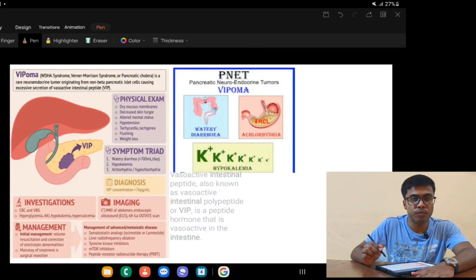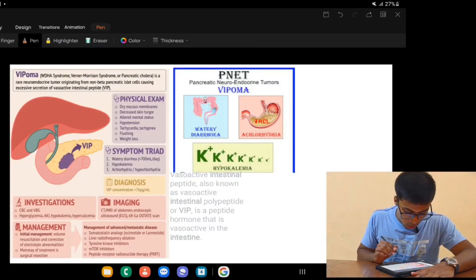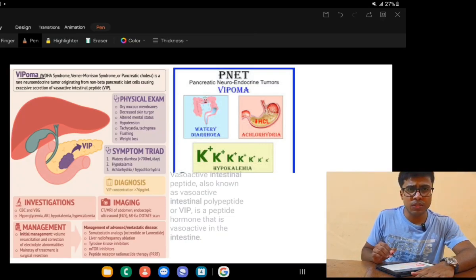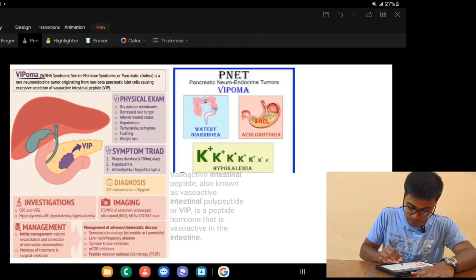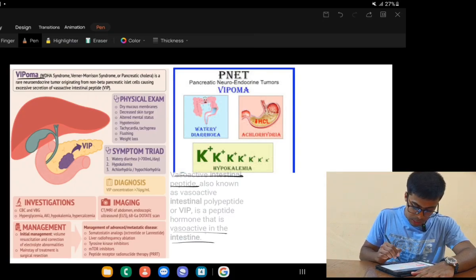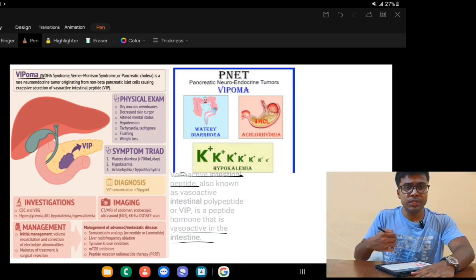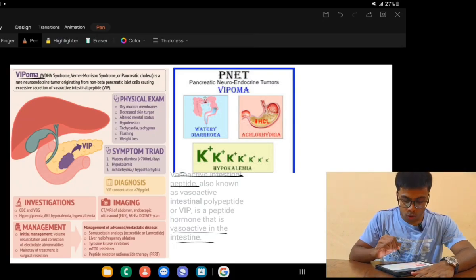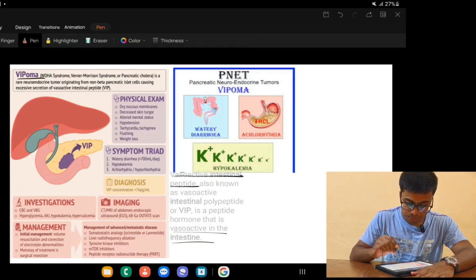And last, I want to discuss VIPoma also. First we should know what VIP is. It is vasoactive intestinal peptide, a peptide hormone that keeps a check on body secretions.